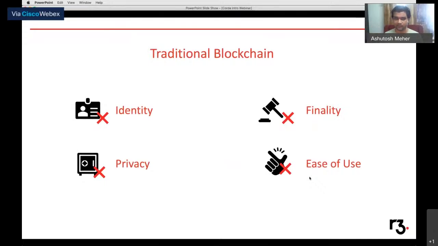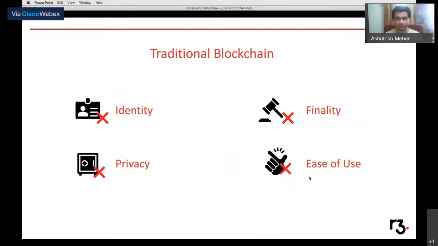When you do business, you have certain private data, some sort of confidential data, let's say some patent that you have, or some sort of pricing information which you don't want to share with other participants. So it becomes difficult to work in such a scenario where you have all your data available to everyone in the network. So privacy is a very important thing when you think of business use cases.